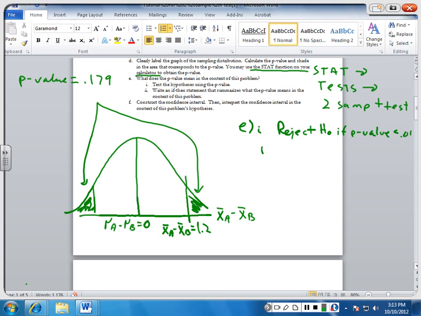Of course, the p-value we have of 0.179 is not less than 0.01, so you will fail to reject H0 and conclude mu A could equal mu B.